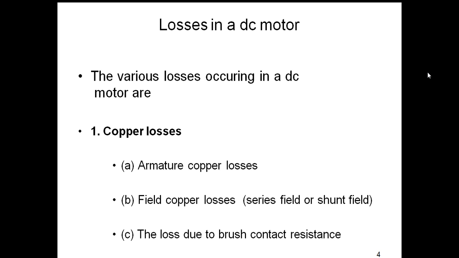And if losses occur in series field winding and shunt field winding, then such losses are called as field copper losses.